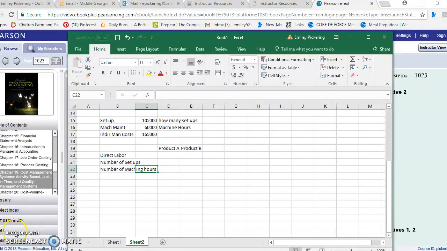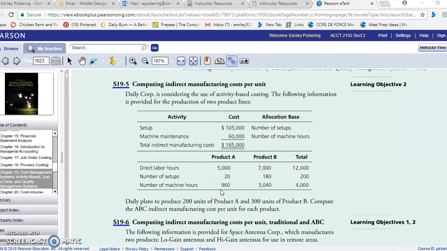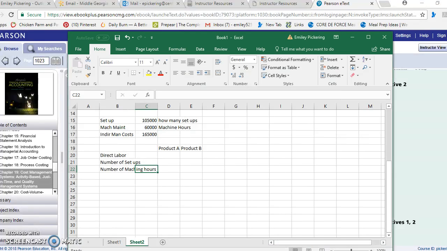So using a predetermined overhead rate, I want to figure out the cost of the setups and the cost of the machine maintenance.